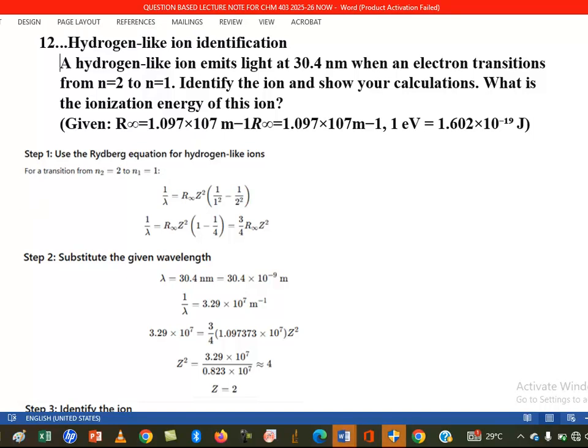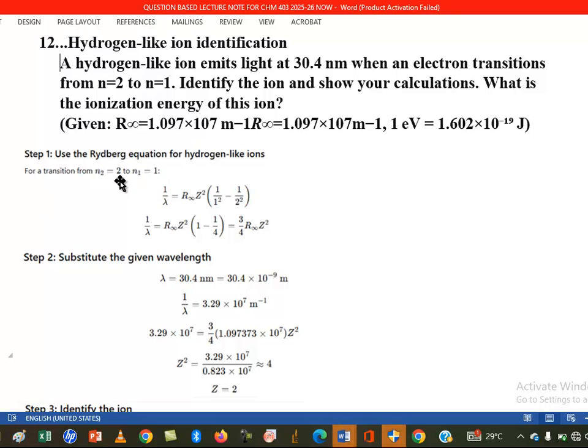The first thing is you use the Rydberg equation, which I'm sure you are familiar with now. You have a transition from n2 to n1, right?